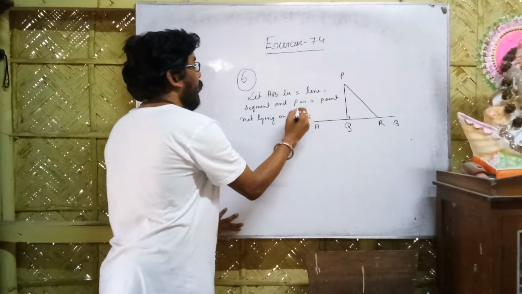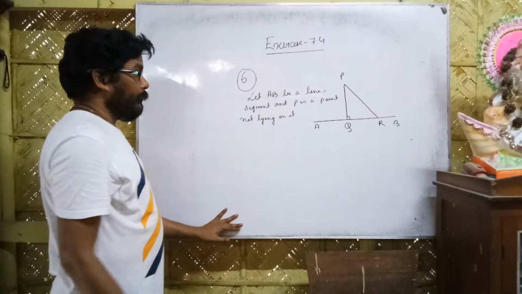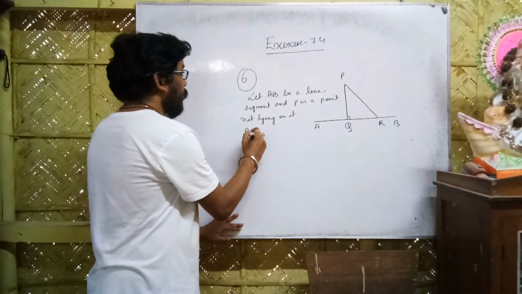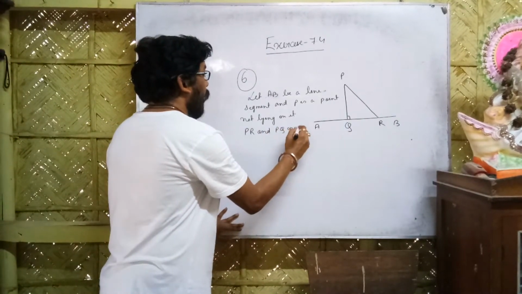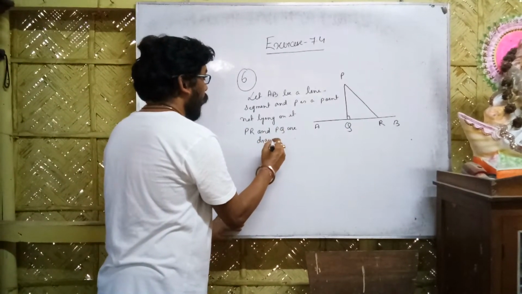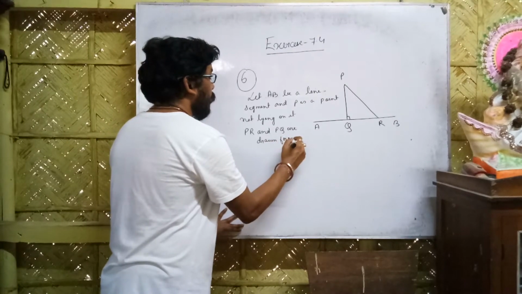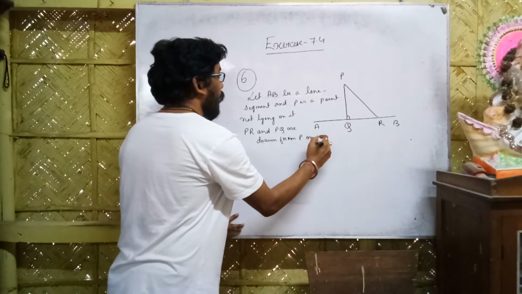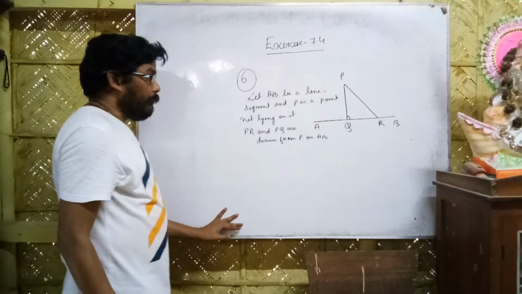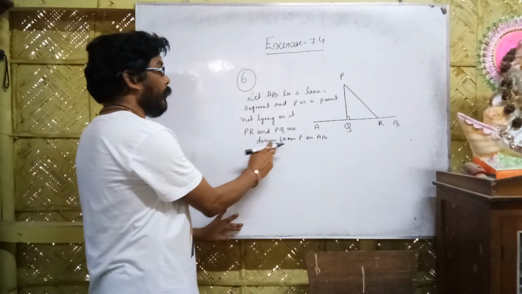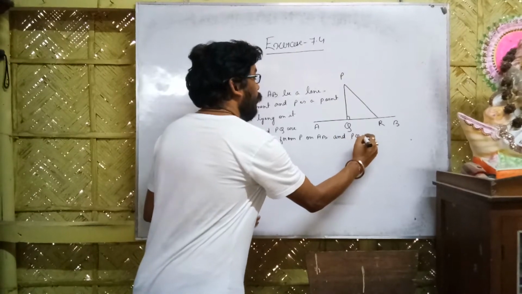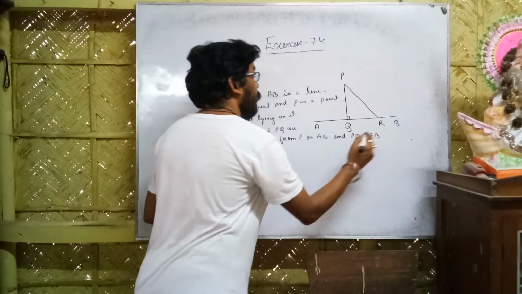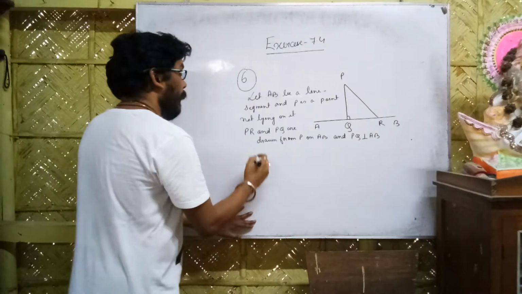PR and PQ are drawn from P on AB, and PQ is perpendicular to AB.